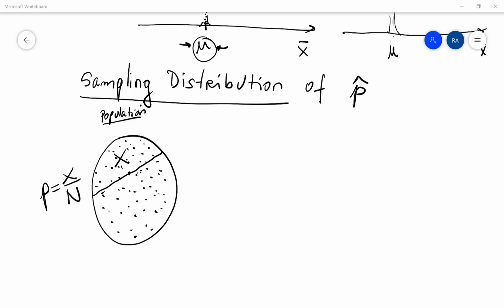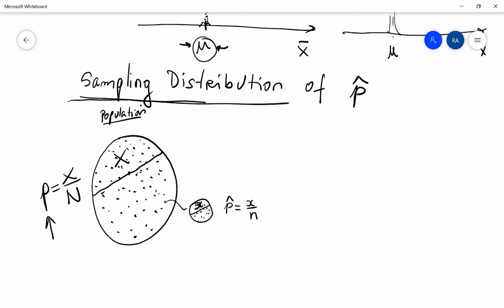Let's do a simulation again here. Suppose that we know this population proportion and we select one sample from this population, and let's compute the sample proportion. Then we will count in this sample all items that fulfill one condition and divide it by my sample size. That will be my sample proportion.